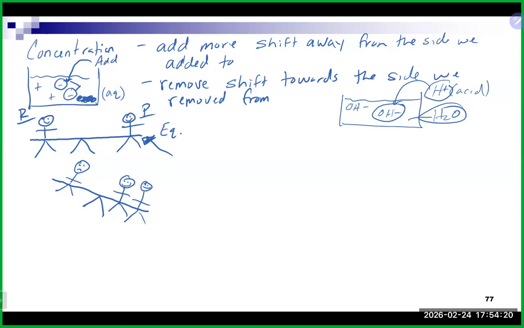Now, clearly, to fix it, do we need more people on the right or more people on the left? We would need more people on the left, right? So we added to the right, and it is going to shift away from the side we added to. And that's going to return this to a happy for all equilibrium situation, I hope.